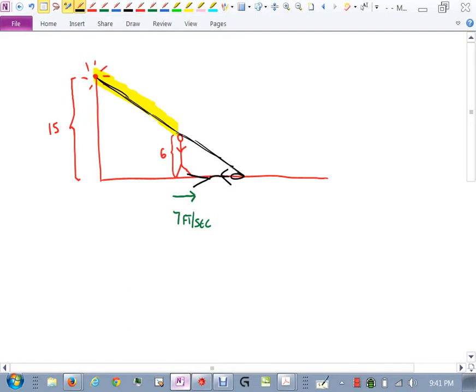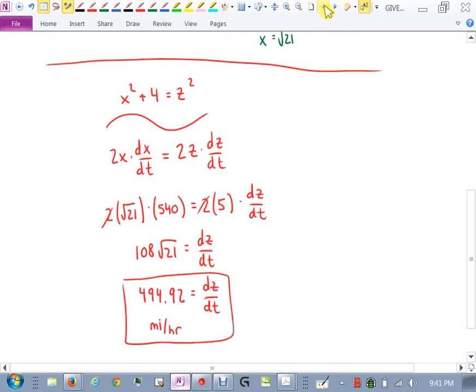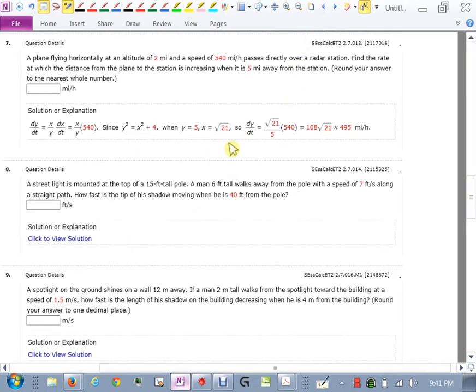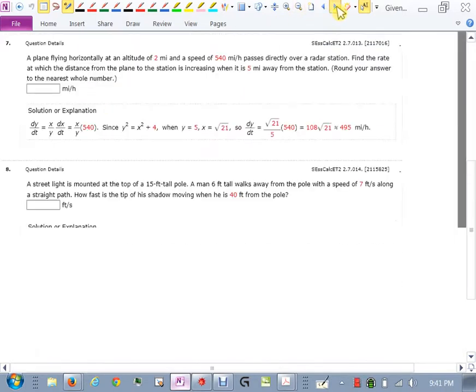So we want to know how fast the tip of his shadow is moving, which is that point right there. We want to know how fast is it moving to the right. And we'd like to know that at a particular point. Let's see. How fast is the tip of the shadow moving when he is 40 feet from the pole? That will be our instant in time.